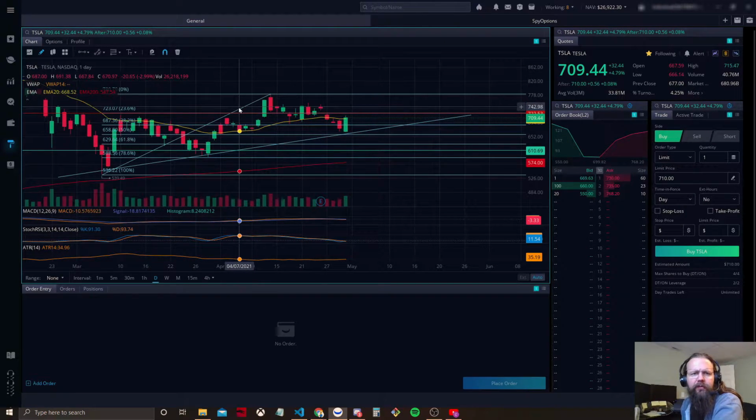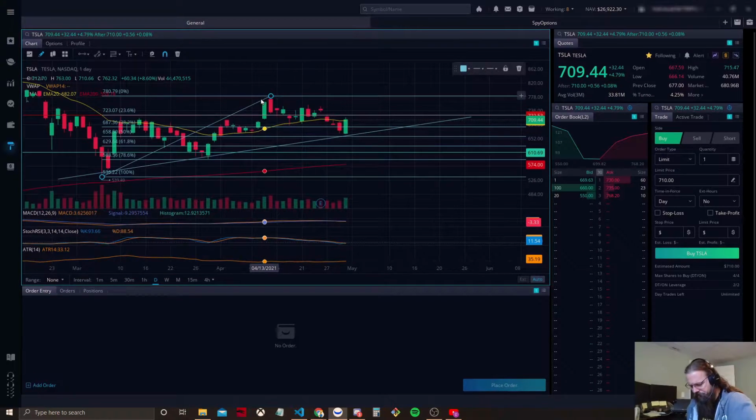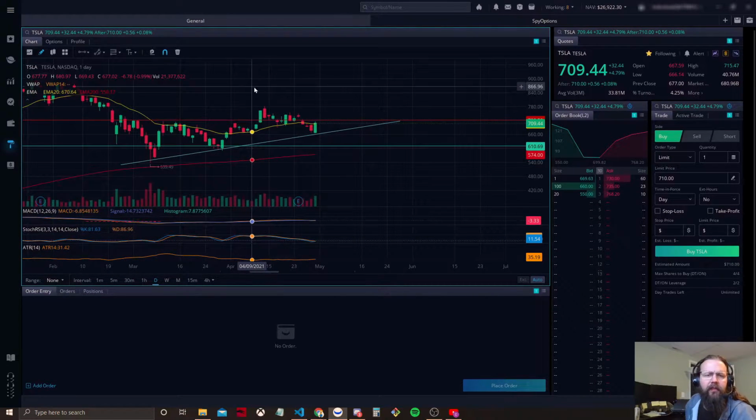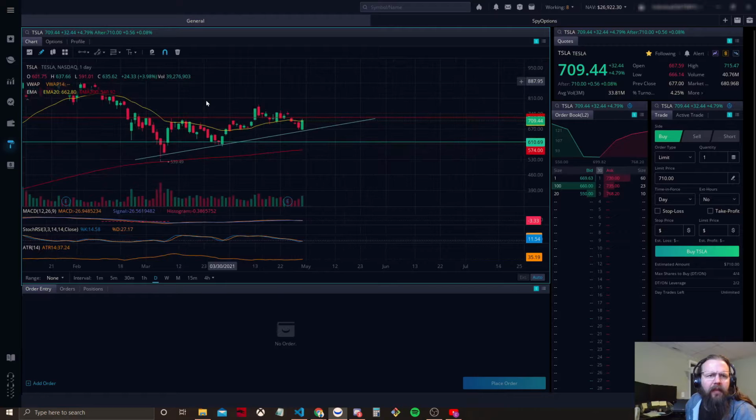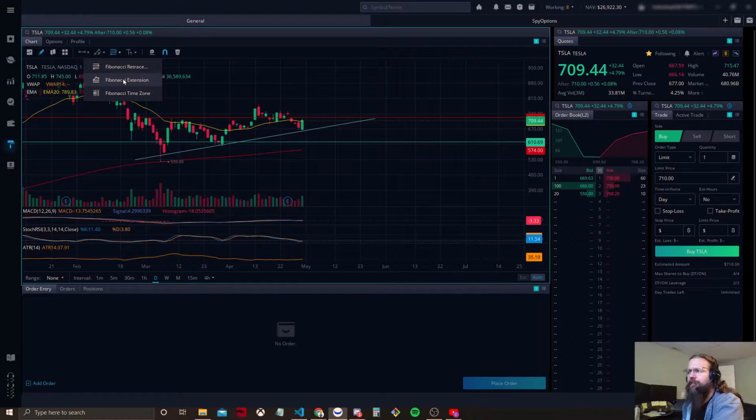So let's go ahead and get rid of the retracement. Delete that off there, and do the extensions. The extensions are a similar theory to the retracement, but it's the opposite side.